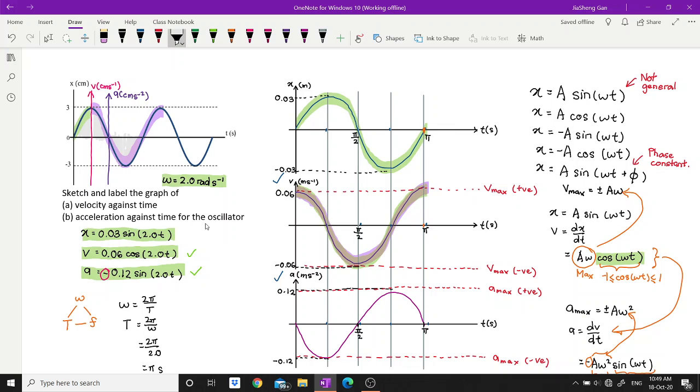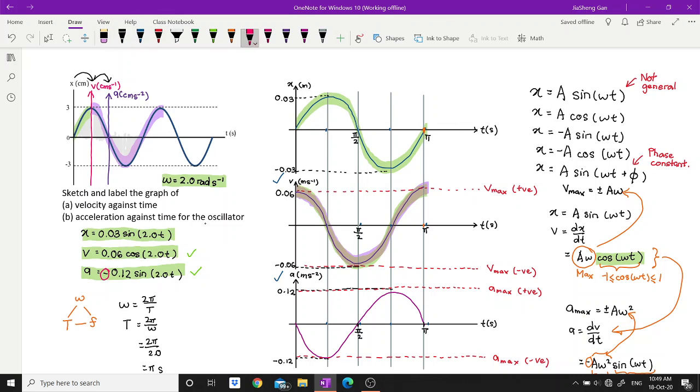So you move it by 1/4 of a complete oscillation, you get the shape of a velocity time graph. If you move another 1/4 of a complete oscillation, you get the shape of an acceleration time graph. What you need to be careful about is just labeling things correctly.